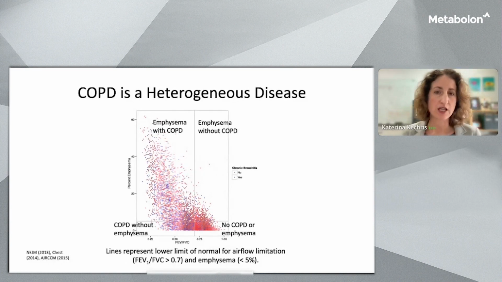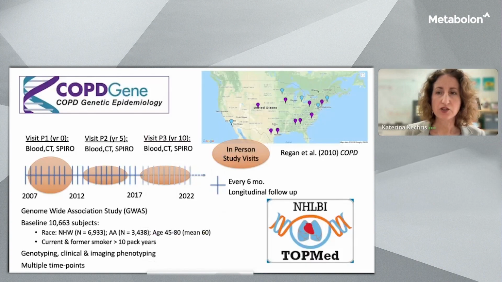And you can see there's some association and some correlation, however, there's lots of subjects that do not follow definitely all the extremes on these different phenotypes. So the heterogeneity is something that's of interest to understand, and that's where extensive clinical data and also all this omics data can help. So I work in the context of a large genetic epidemiology study called COPD Gene.